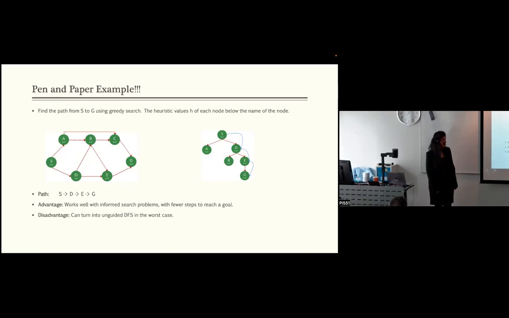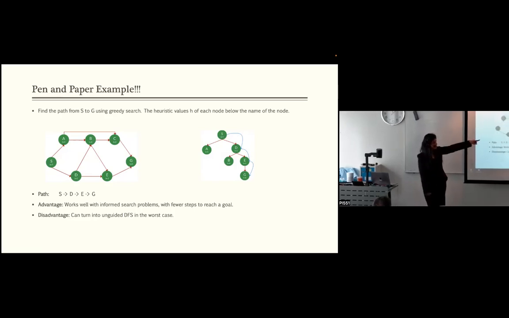So this is the advantage of having some informative information in hand instead of an undirected graph, like we discussed in uninformed search algorithms. So what's the advantage of this? It works well with informed search problems with fewer steps to reach a goal. And what can be a disadvantage? It can turn into unguided DFS in the worst case.